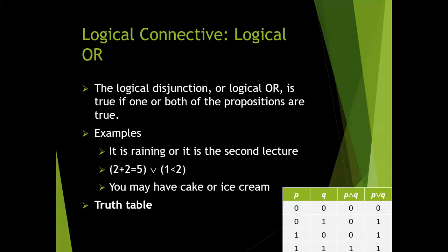Means the OR condition is false only when both propositions P and Q are false. So let's see: P false, Q false, OR will be false. P false, Q true, OR will be true. P true, Q false, OR will be true. And P true, Q true, OR will also be true.